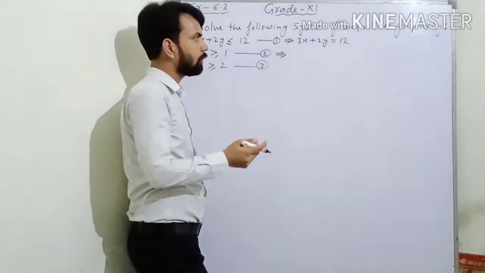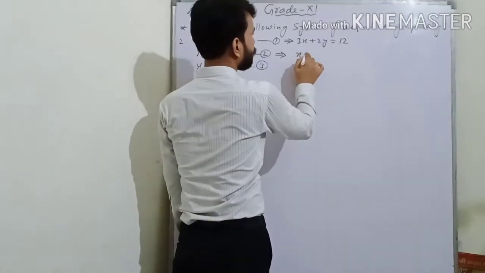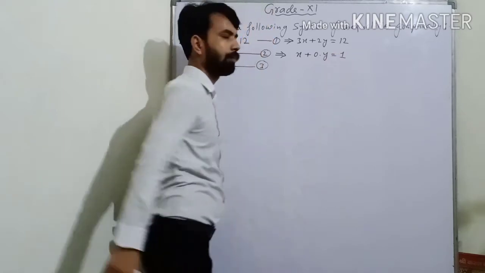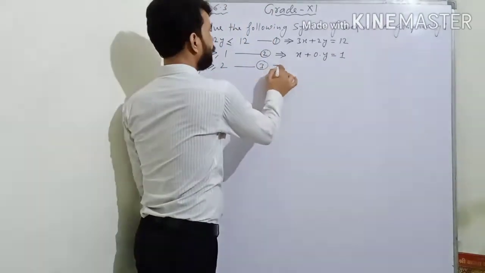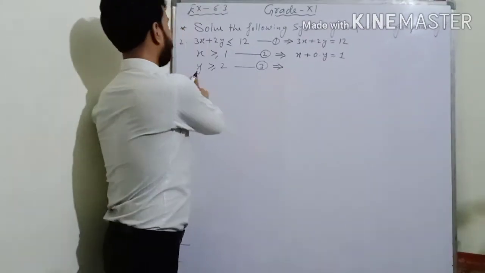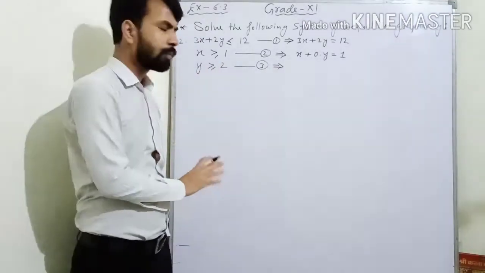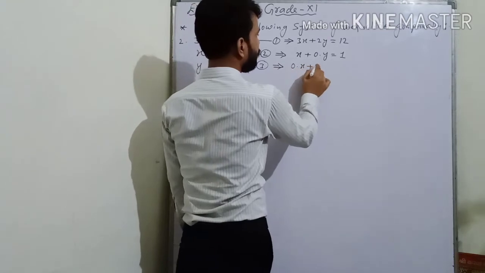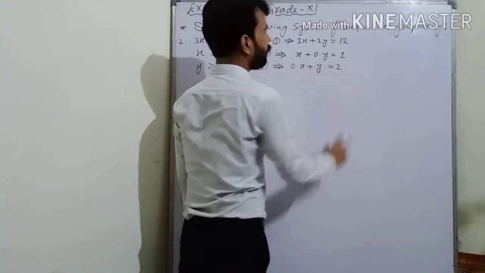So it is x equal to 1. Y is missing. So x plus 0 into y equals 1. Clear? From here, we can find y is greater than or equal to 2 is given. So x is missing. So we will have to write 0 into x plus y equals 2.